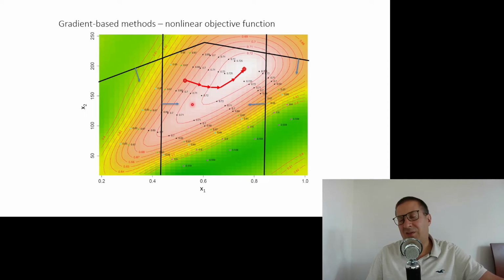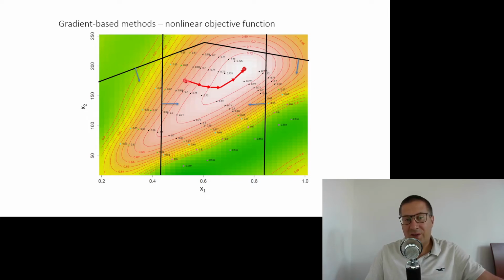It's in fact a real device, a real compressor characteristic, but we will use it for some theoretical discussions right now. So the optimal solution is here. This is the maximal efficiency of this device. And there are some constraints. X1 has to be higher than this value and lower than this value. X2 has to be below those lines because of some technical restrictions.